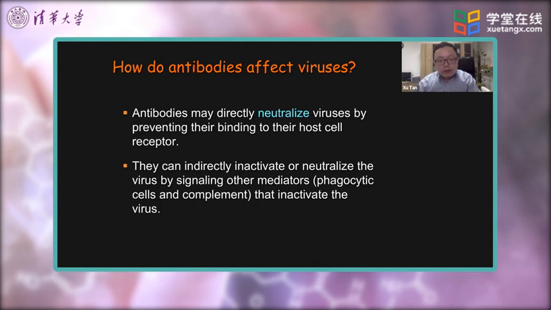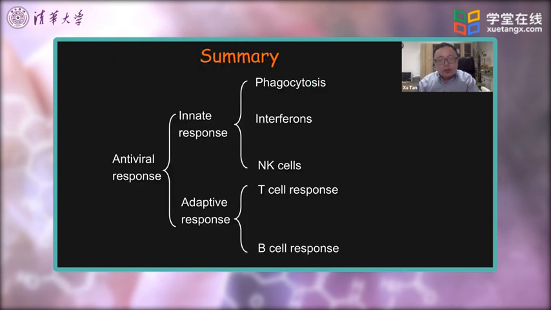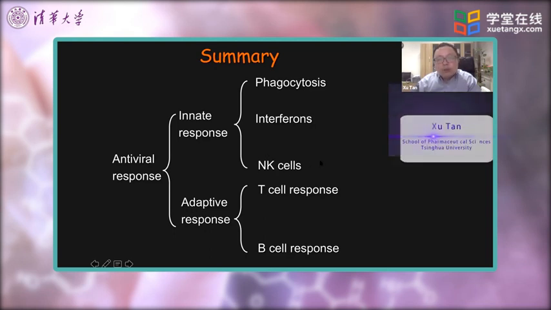basically to indirectly inactivate the virus. So in summary, in this part I talked about the innate response and adaptive response to viral infection. The innate response works through phagocytosis, the interferon system, or NK cell-mediated cell killing.